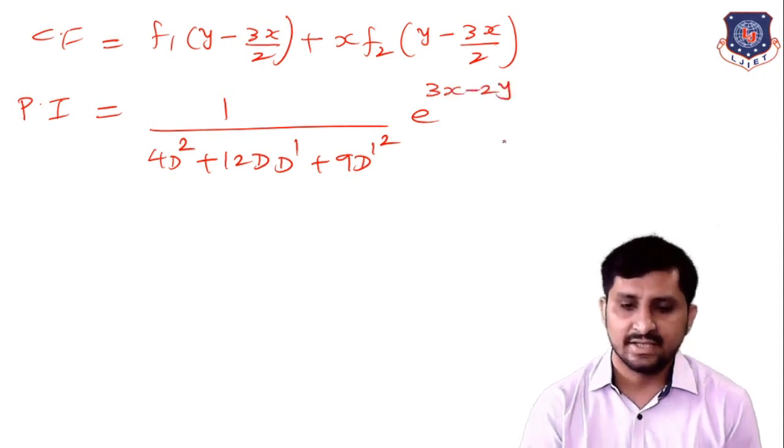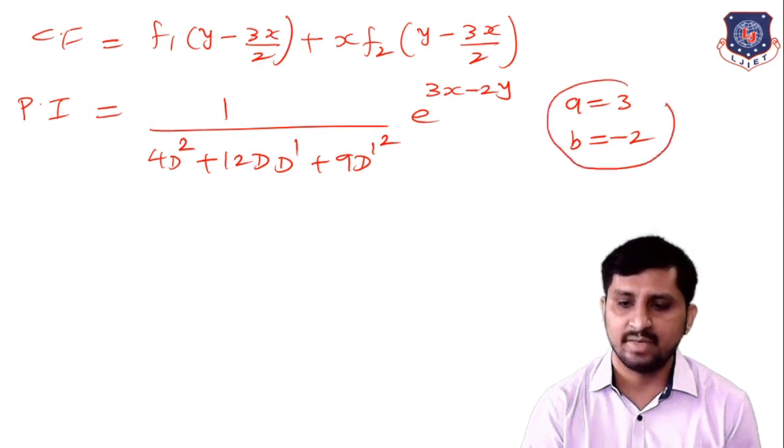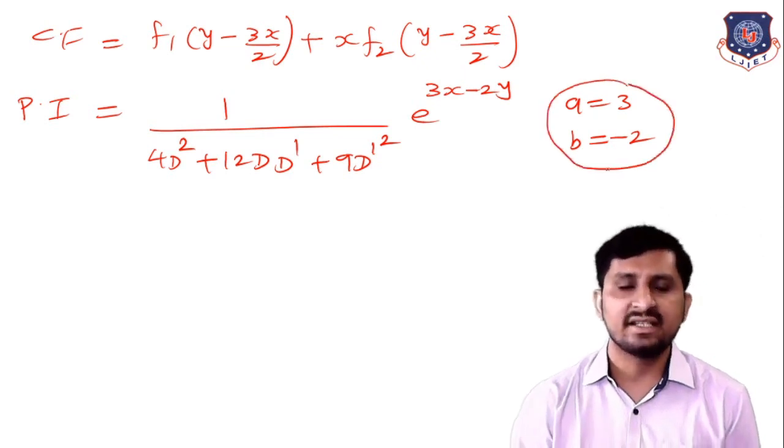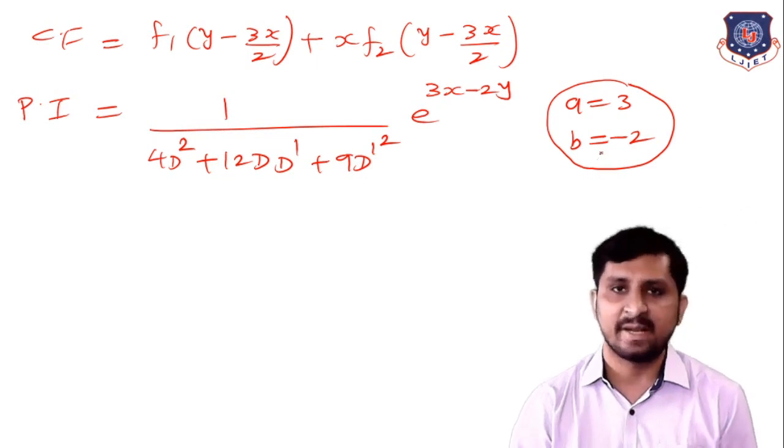So what is a? a is equal to 3 and b is equal to minus 2. Put a equal to 3 and b equal to minus 2 instead of d and d dash respectively.